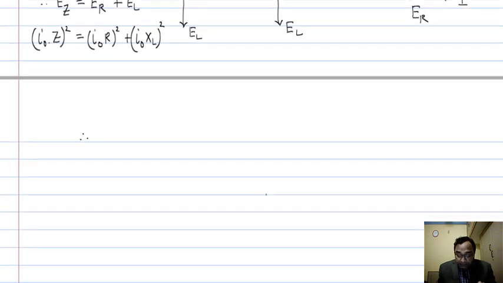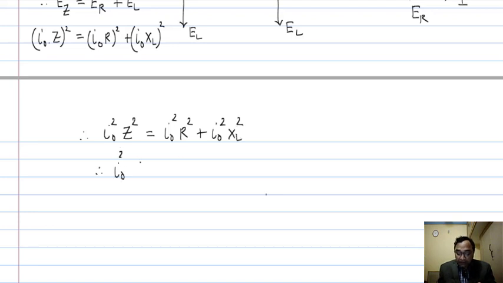Therefore, we can say I naught square Z square is I naught square R square plus I naught square XL square. Taking I naught square common, we get the equation R square plus XL square.